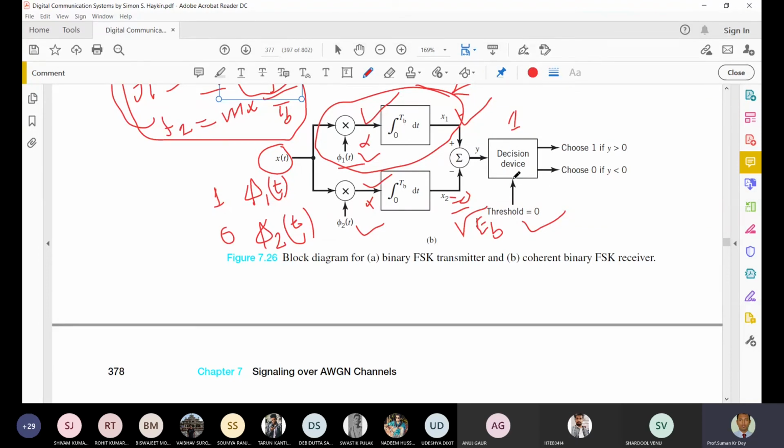Okay, so that's why when we compare the difference, y equals x1 minus x2. So if the y value is greater than 0, it is giving 1. If the y value is less than 0, it is 0. That means we have to choose that the 0 bit was sent. So now definitely there is a possibility that y equals 0.